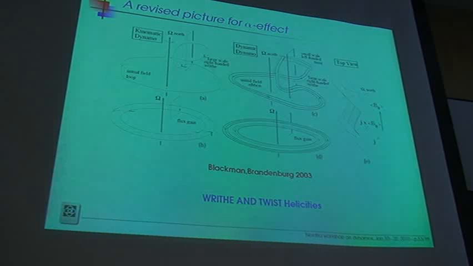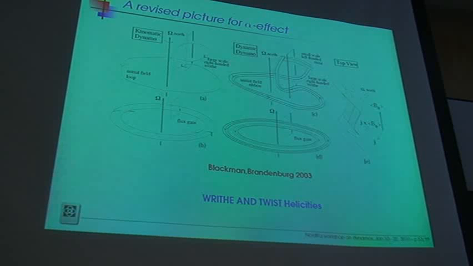And whenever you take a bunch of field lines and make a writhe in that, it turns out you automatically produce a twist, an internal twist. This is what is illustrated in this diagram, I think produced by Eric Blackman. What he is trying to illustrate is that when you do the alpha effect, you should realize that when you are pulling out the field line and making a loop, you automatically generate an internal twist.